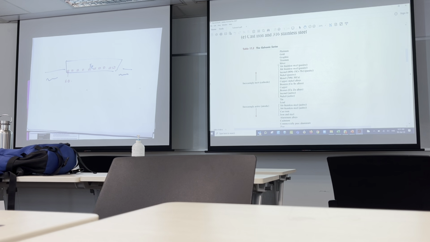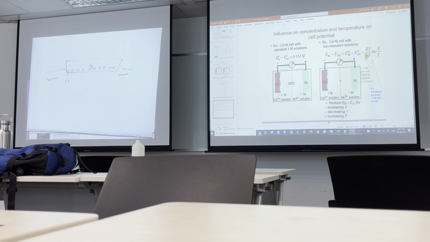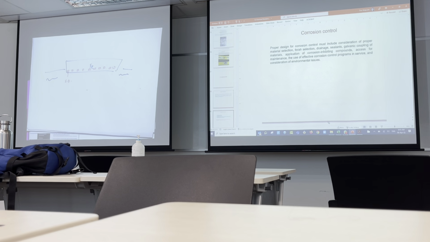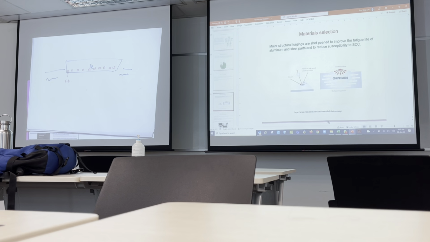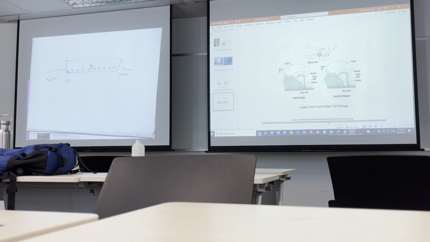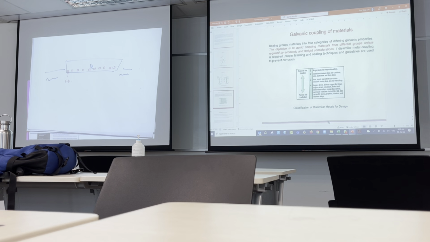If you are going to use in a moist environment or whatever, you always try to group the metals in the same category together. And in fact, you go to the notes, you look at Boeing, or Airbus, I forgot which one already. They do group their metals in a certain way over here. So they flip it.